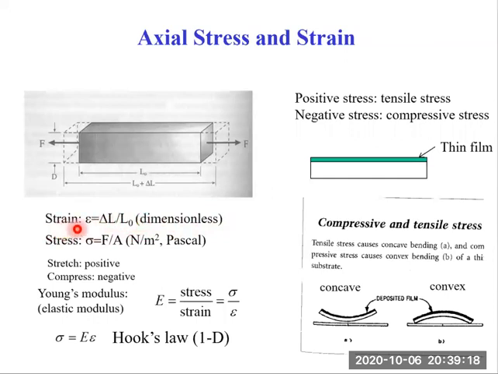We typically use epsilon to represent the mechanical strain. And the mechanical stress, sigma, is defined as F over A. F is the force applied. A is the cross-sectional area of this beam. So mechanical stress is simply the force per unit area. The unit is Newton per meter square, or Pascal.